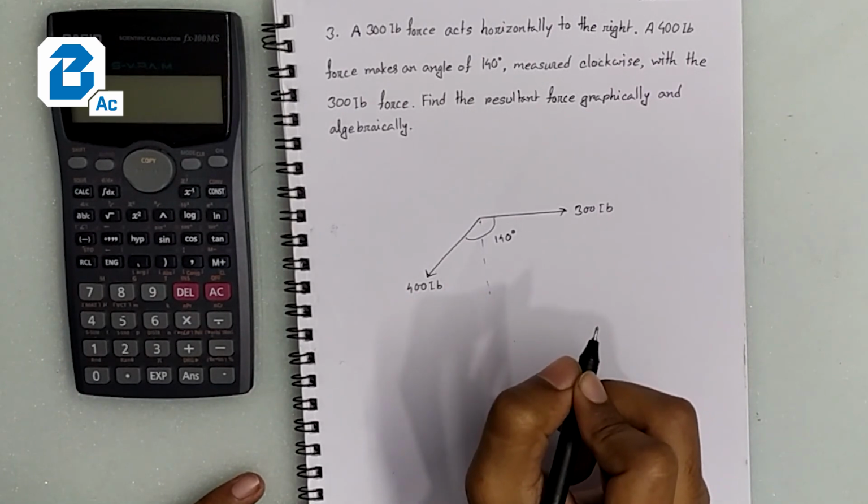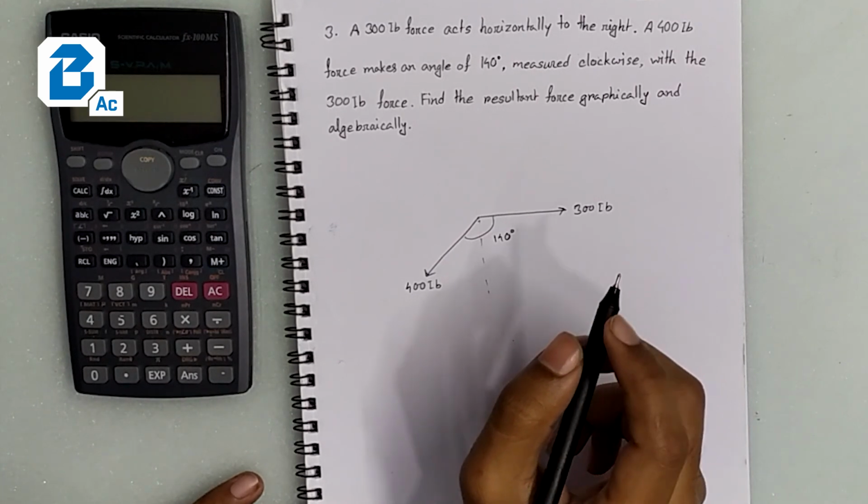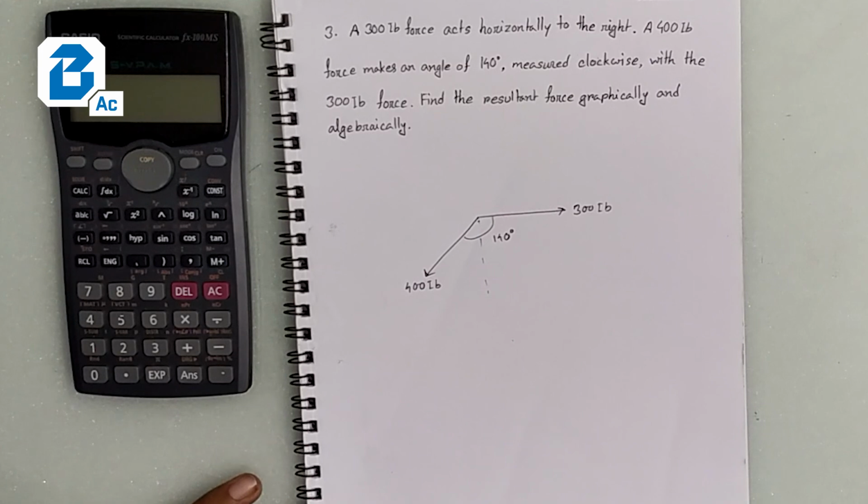So to solve that, we will have to find the magnitude of the resultant and the angle of it. So let's start.